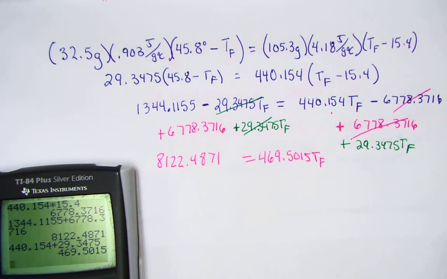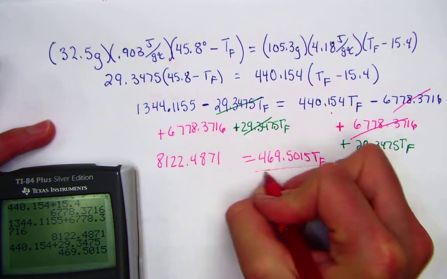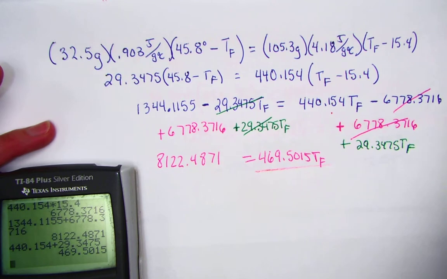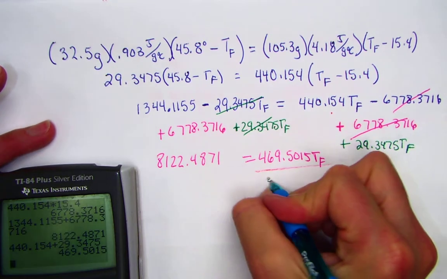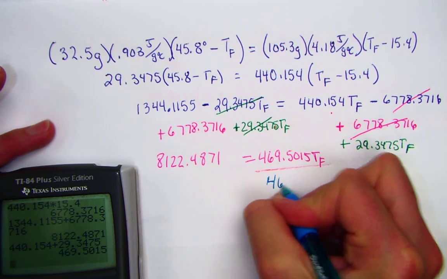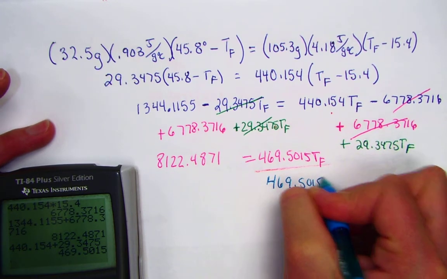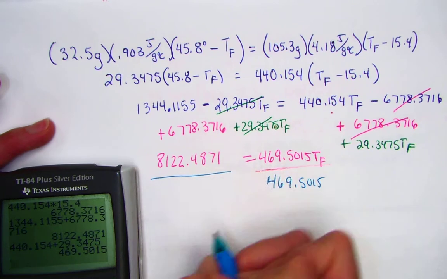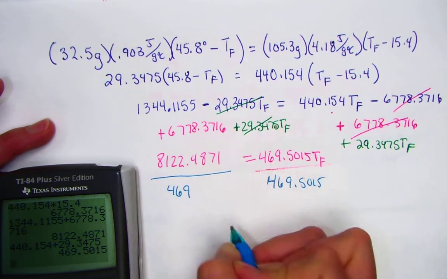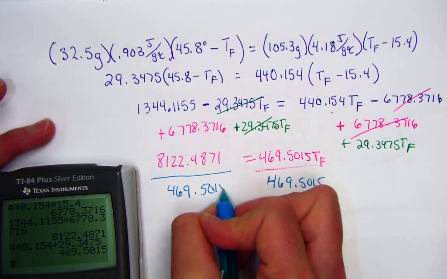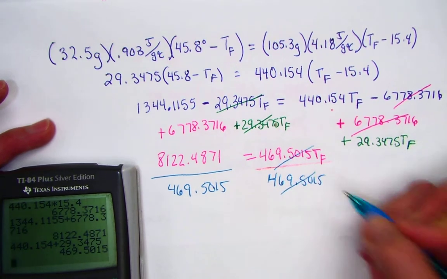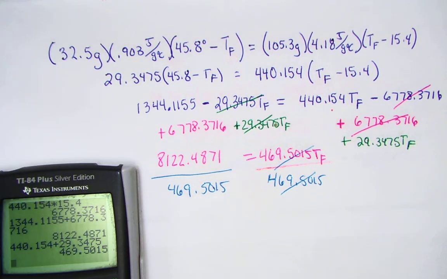To get the variable by itself, we're just simply going to divide. I'll divide both. That pen doesn't seem to be working well. Let me grab another. I'm going to divide by 469.5015. And you can see how that will isolate the variable TF.